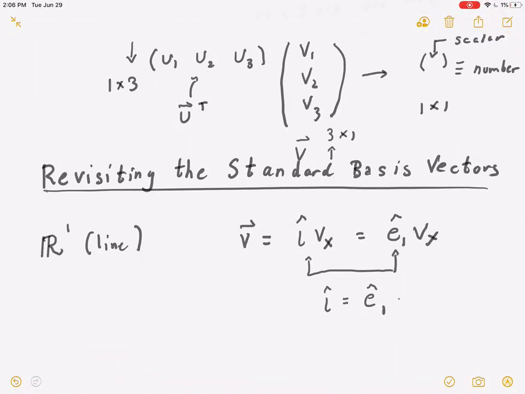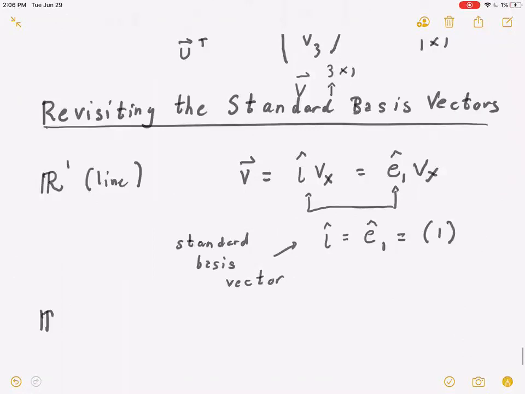In this case, if you write this in a component form, it's just a 1-by-1 matrix. And so I hat or E hat 1 is a very special basis vector. And that's what it is in one dimension.